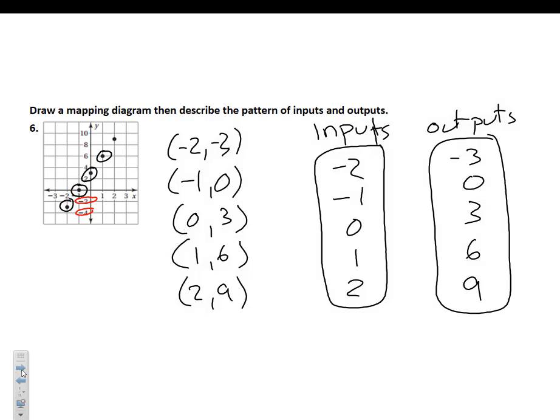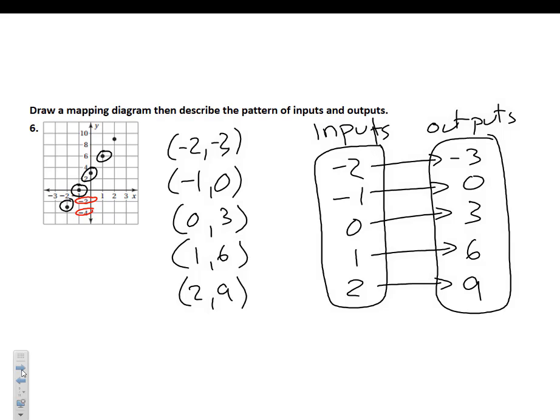Pretty straightforward stuff. And then, of course, I connect my inputs and my outputs by drawing these lines. And I can see that there is only one arrow going from each input, so I know we have a function.